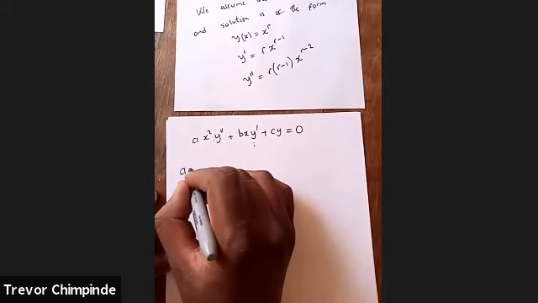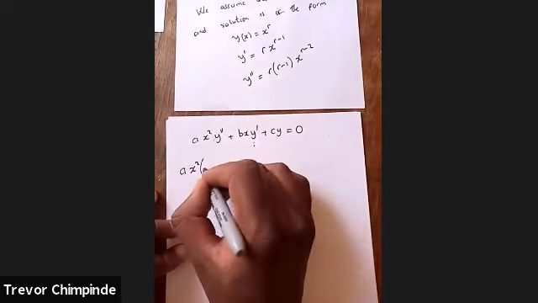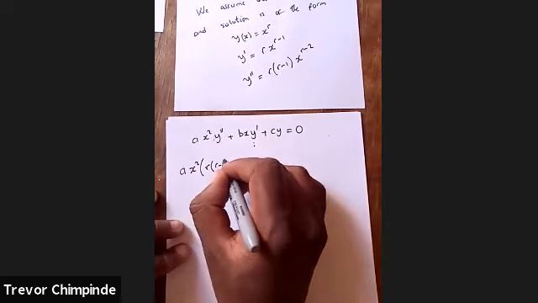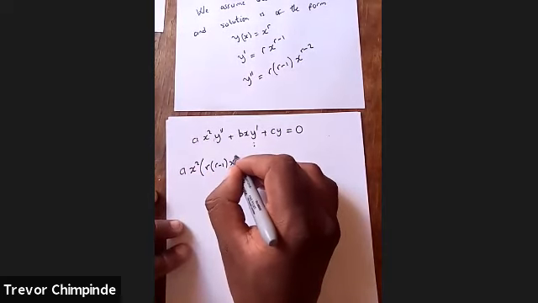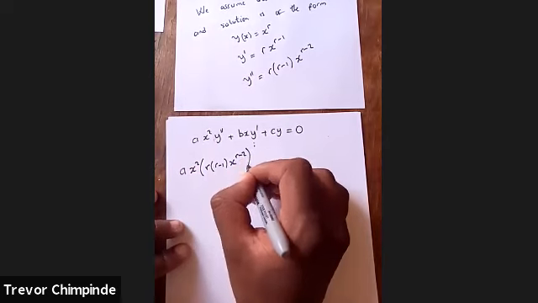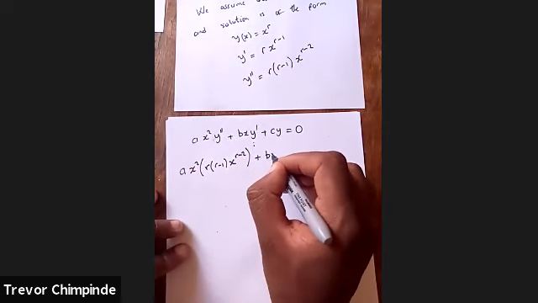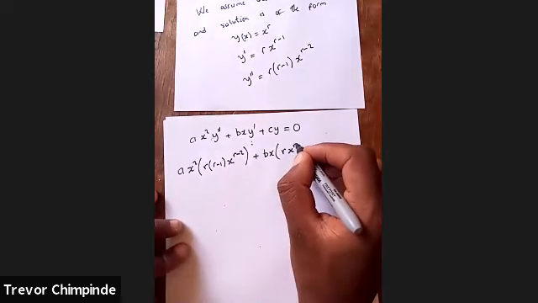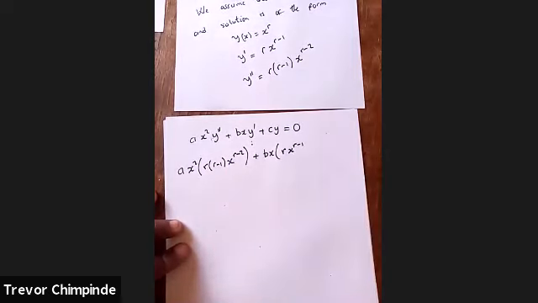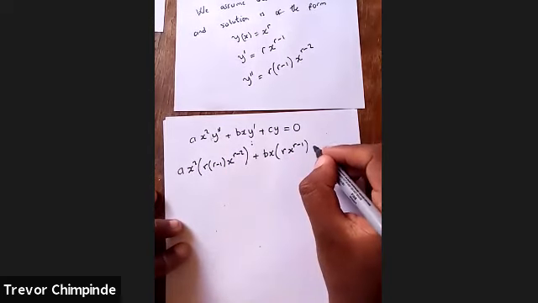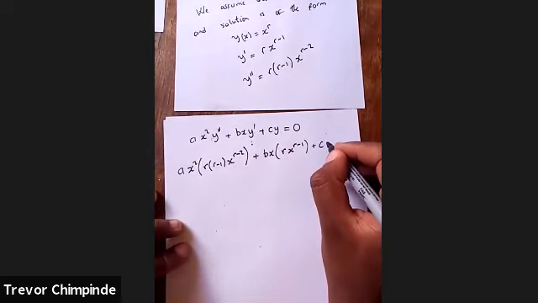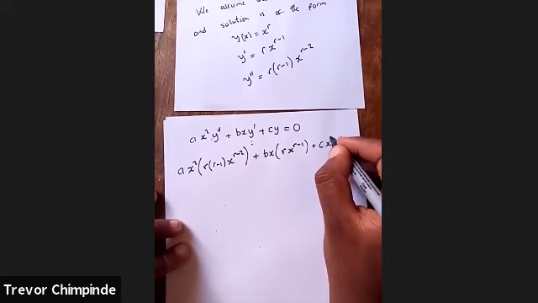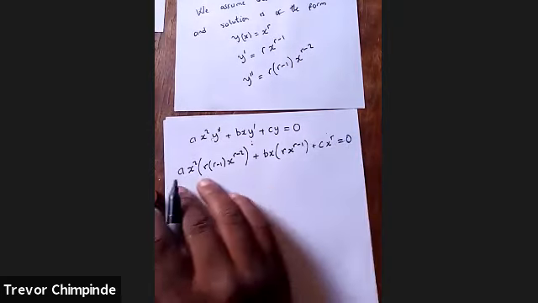So it will be a x squared, then this will be r minus 1, x to the r minus 2, plus b x, what is y prime, r, x to the r minus 1, then plus c, y is x to the r, is equal to 0.